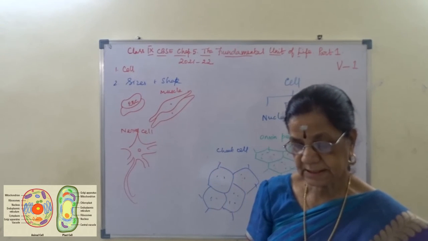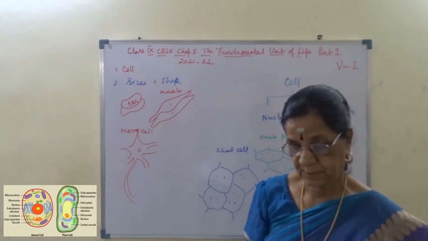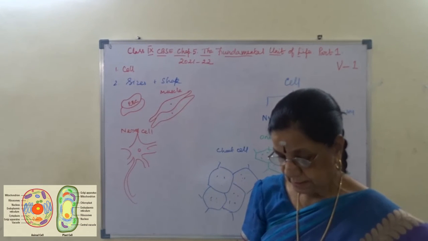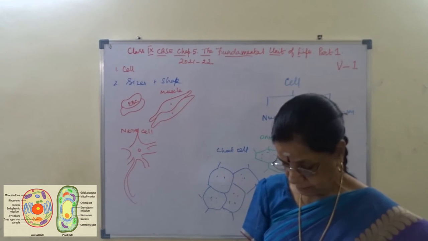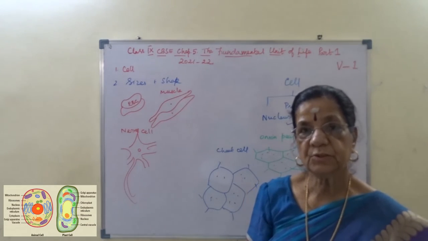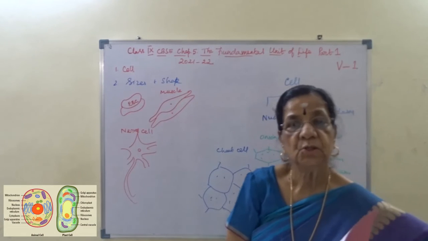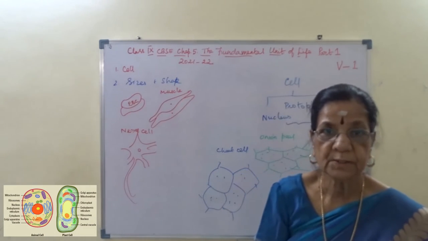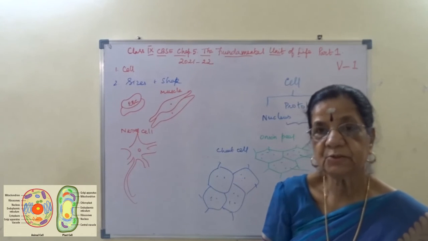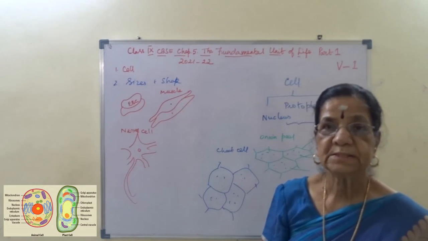Now these structures differ in size and shape. We have said that, right? So here, first, different size and shape, you have to go through the example given on page 58, in the diagram. I hope you follow. The shape and size of cells are related to the specific function they perform. What does it mean?